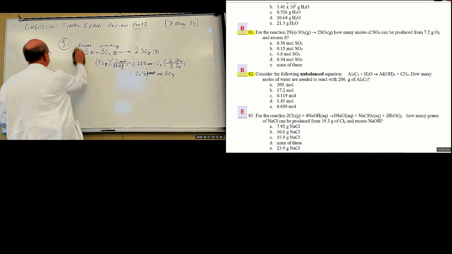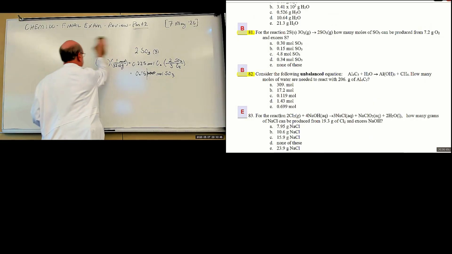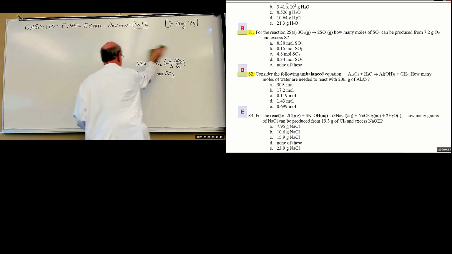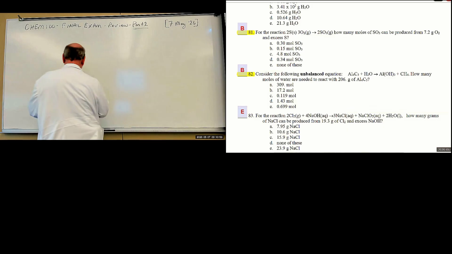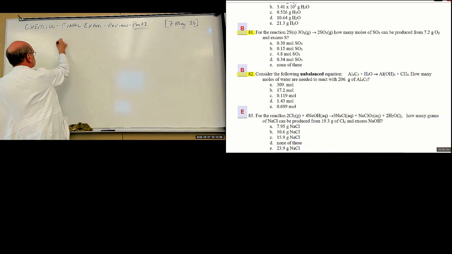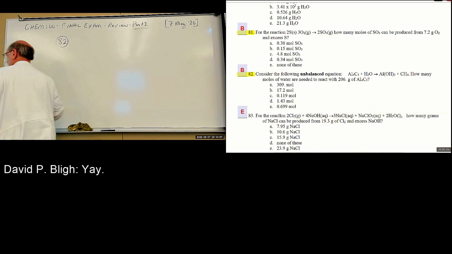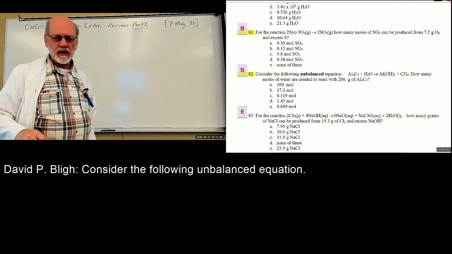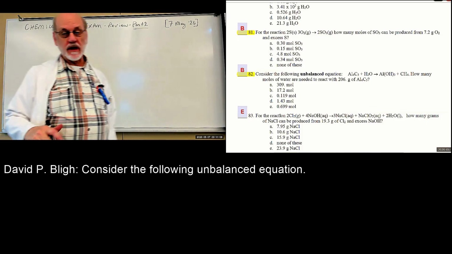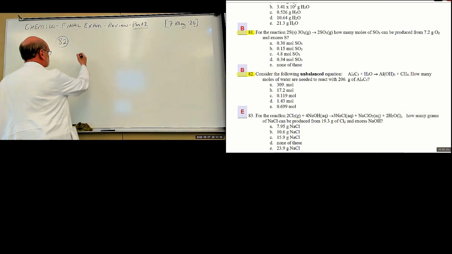82. Consider the following unbalanced equation.